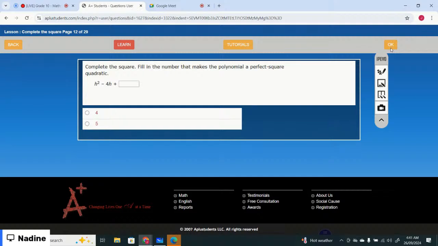You need to add 2 square, so that is 4. Option number 1 is the correct option. Okay, you can complete the lesson by yourself later today.